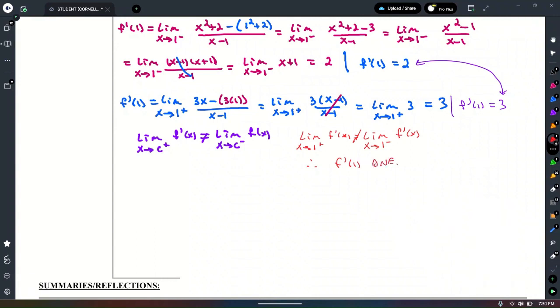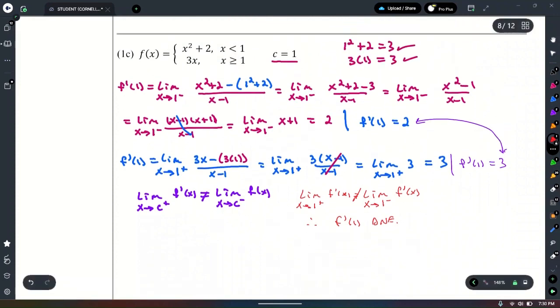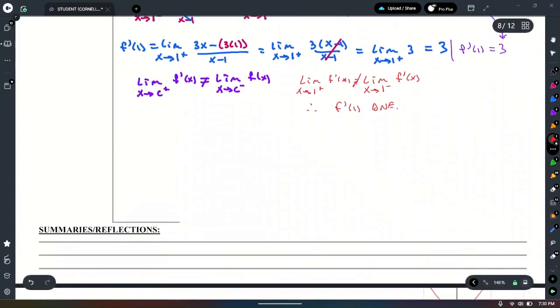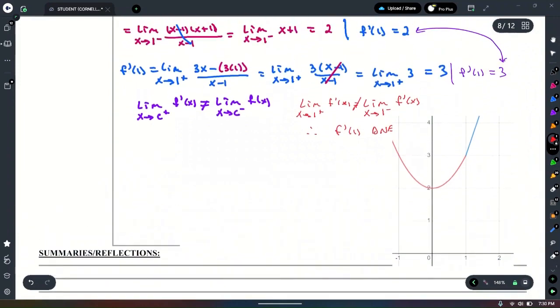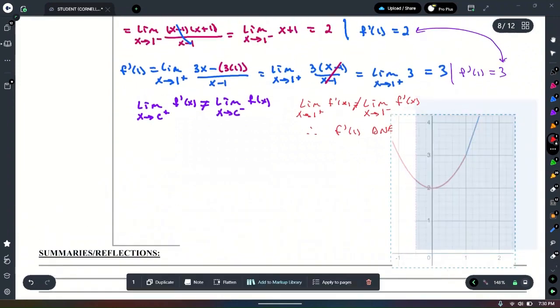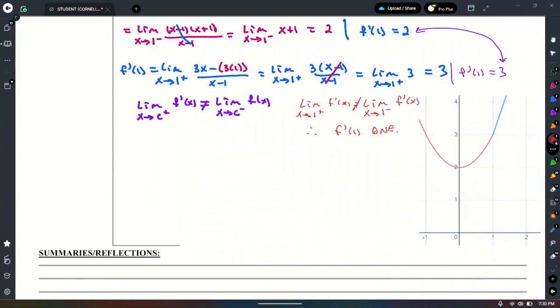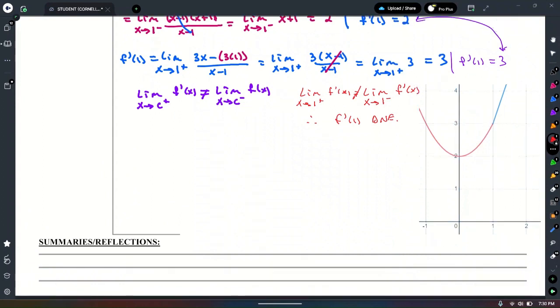Now why? What happened? We know that this function is continuous. We checked for continuity right here. Let's take a look at what's happening. To save a little time, I've got a Desmos graph. Here's my Desmos graph, and we can see that right here at x equals 1, something's going on.